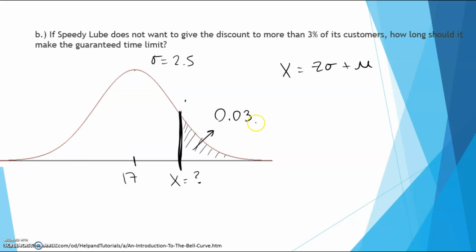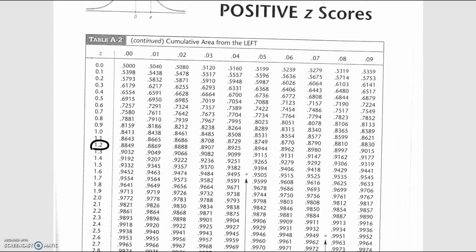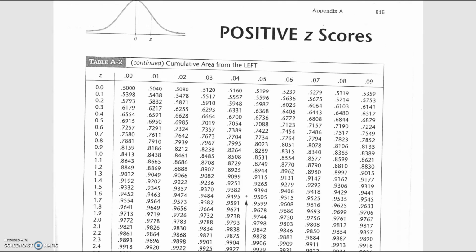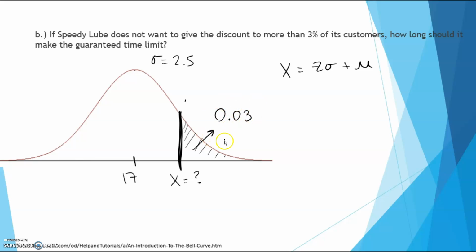So I need to use this area right here, go back to my table, and it'll give me that z-score for this area. But remember, when I come to this table, it's talking about the area from that z-score to the left of it. The area that I have right here is to the right.